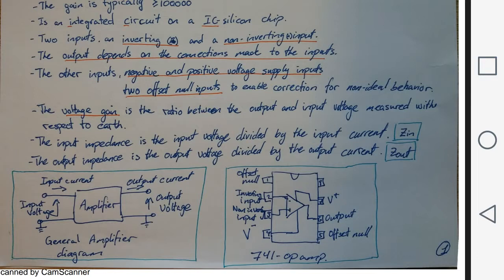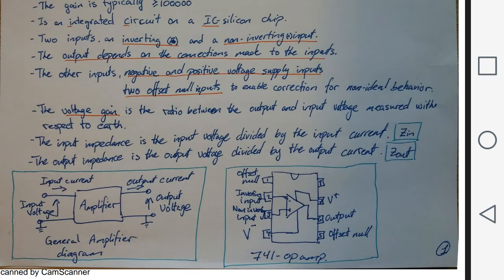Here below to the left you have the general amplifier diagram or block model, where you have the input voltage going into the amplifier and the output voltage going out of the amplifier, and you also have the input current and the output current.